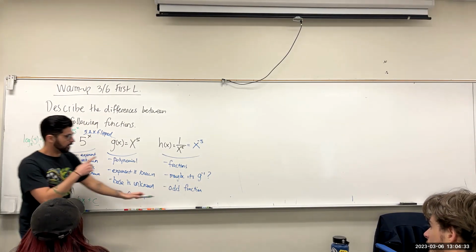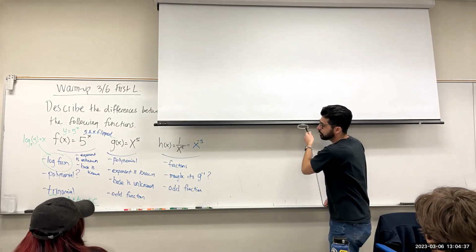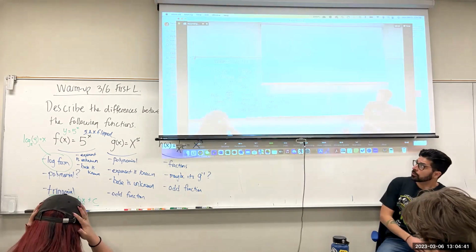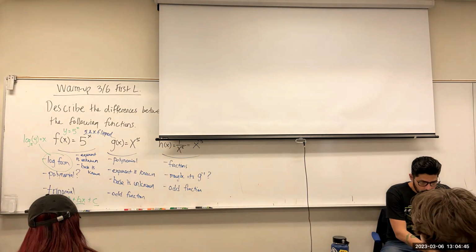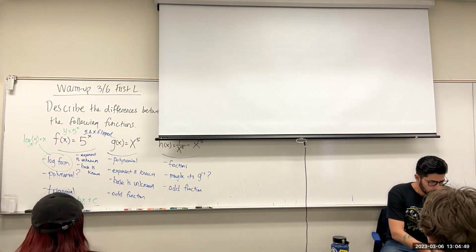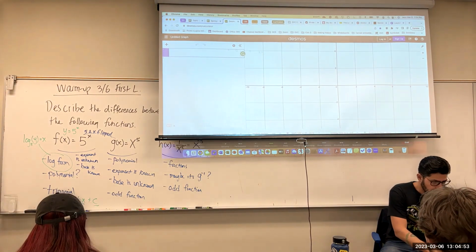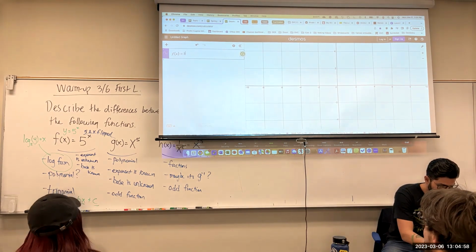Let's look at the graphs because I wasn't expecting you guys to know the graphs, but I do want to see what they look like real quick. Let me go to Desmos real quick. So we got f of x was 5 to the x.